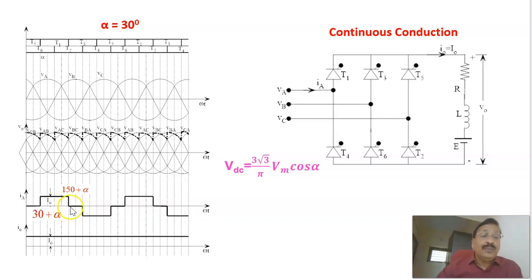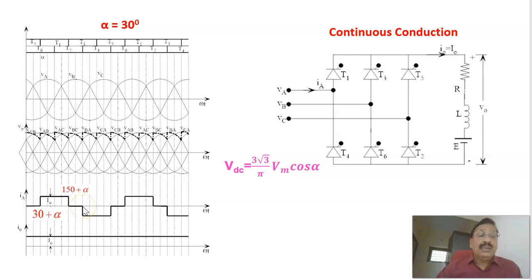And from 150 plus alpha to 210 plus alpha, either T1 and T2 are not conducting, none of these thyristors are conducting. That is why this current IA equals 0.